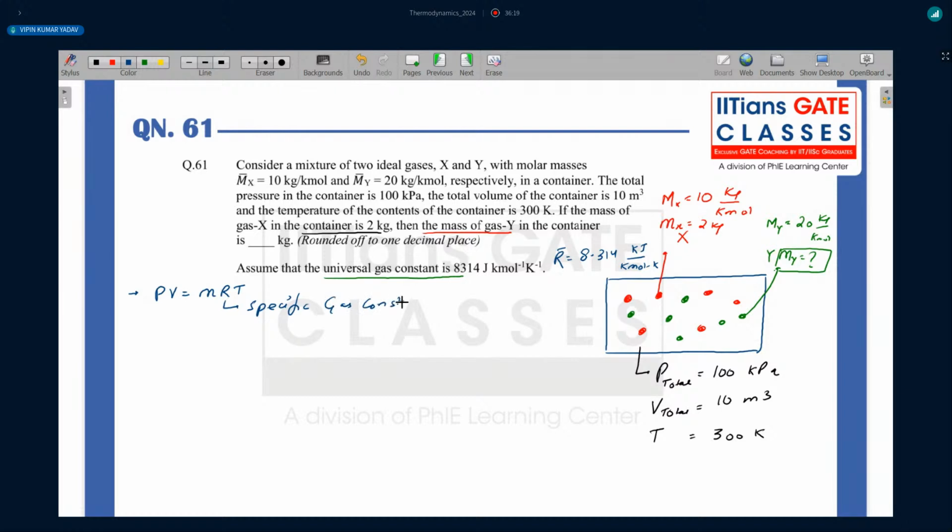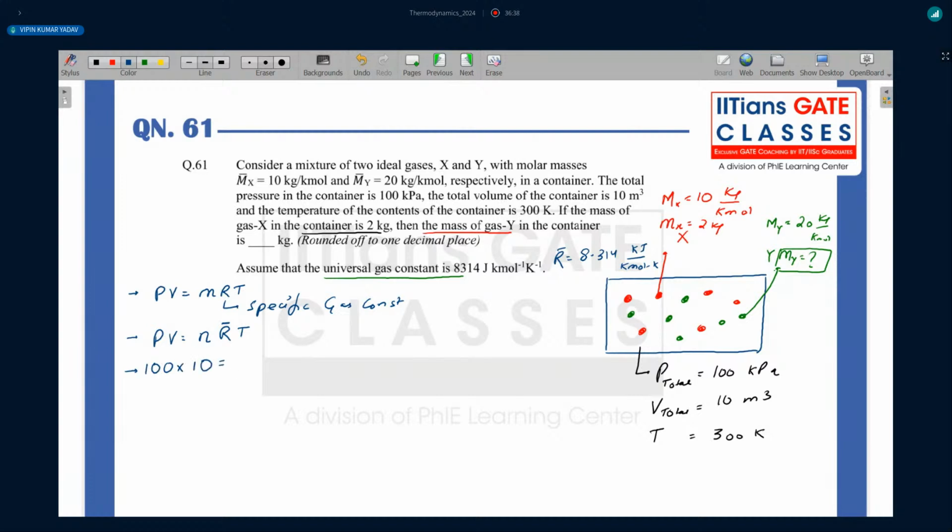If the gas is not given, I don't know what is the R. So what I need to use, I will use PV is equal to n R bar T. Now this is universal gas constant. Okay. Now I know pressure, total pressure is 100 kilopascal.